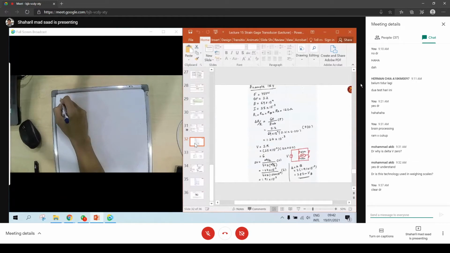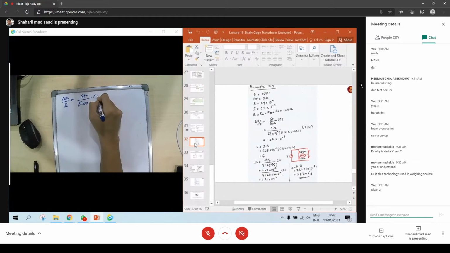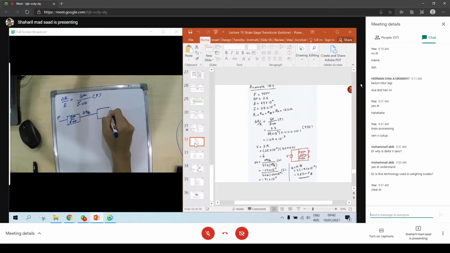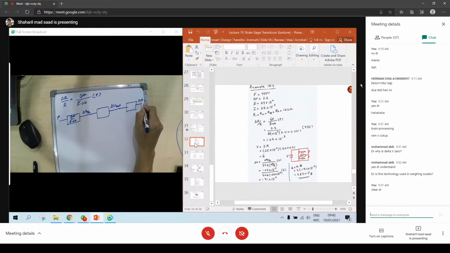So the formula for the load cell: delta R over R is GF over EAB times the force P. Right now, what you can get is P GF over EAB, we get delta R over R, and then after that you can get delta V half, and after that you can get delta V full.